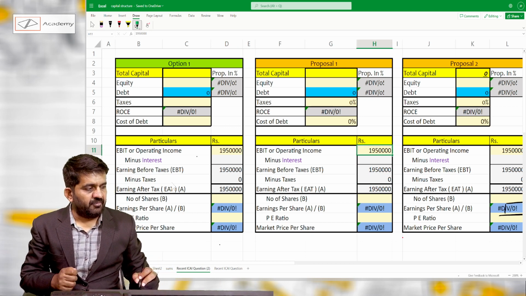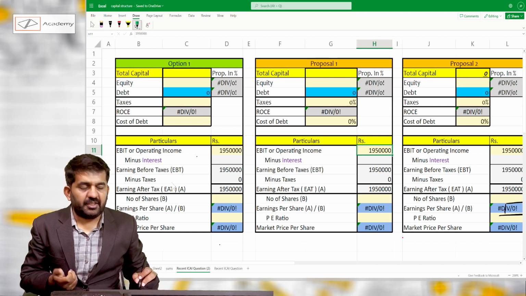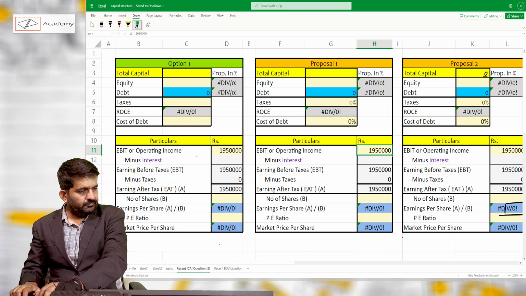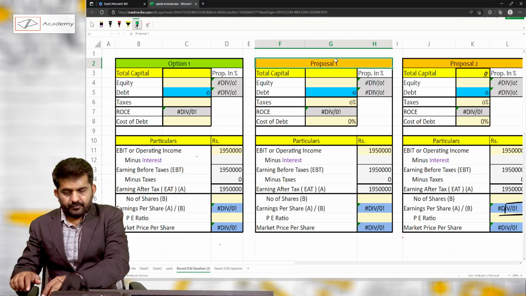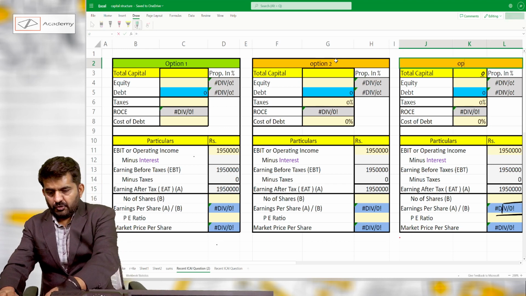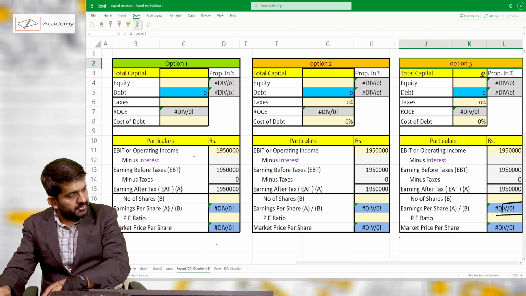So in option number 1, option number 2 and option number 3, in all three options, it is 19 lakh 50,000. This should be option 2. This should be option 3.